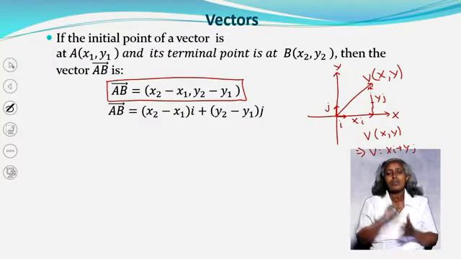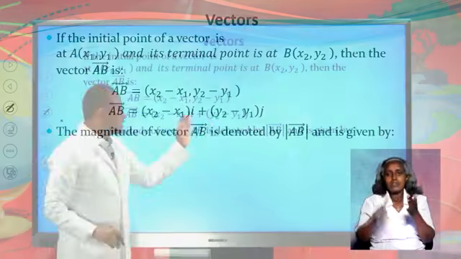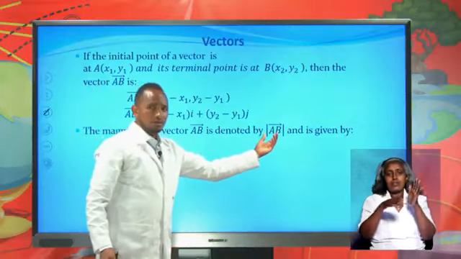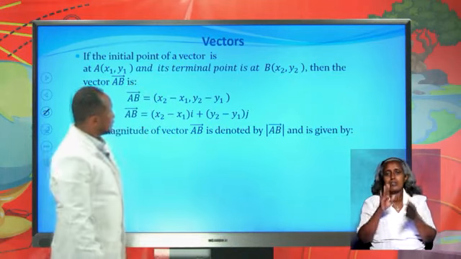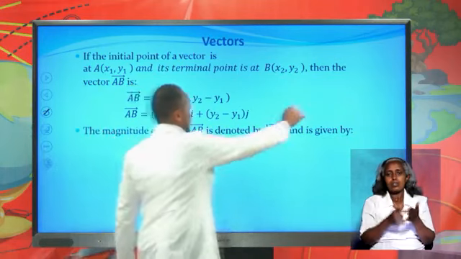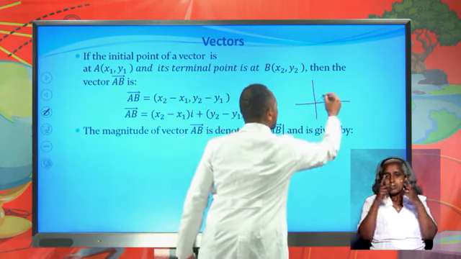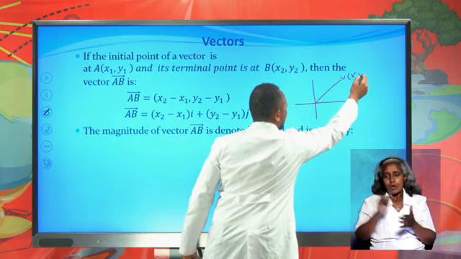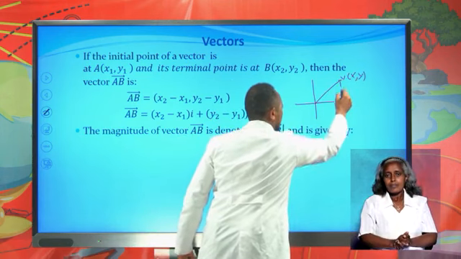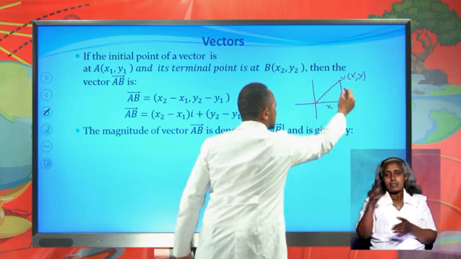Okay, so the magnitude of this vector AB is denoted by this symbol and is given by this one. Let's look at it again. This is our vector x comma y. This distance is x, this distance is y.